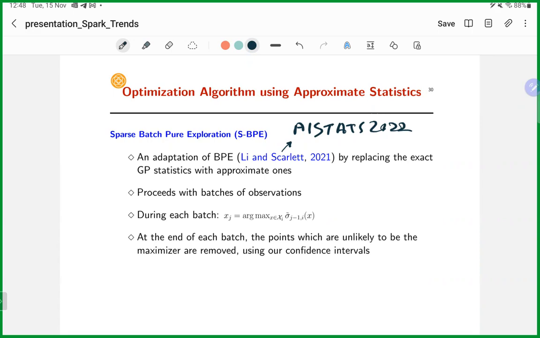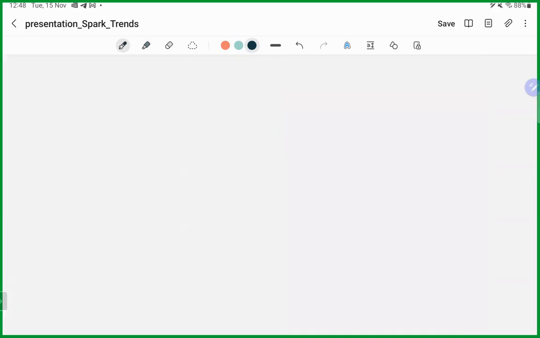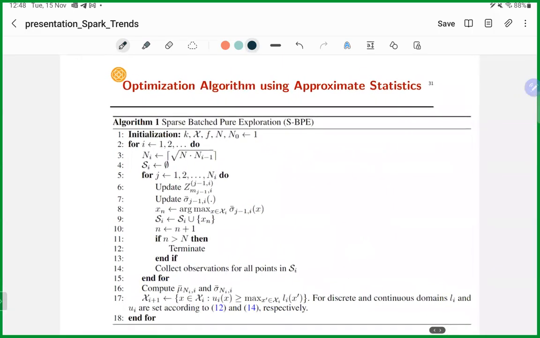So this algorithm proceeds in batches of observation. During each batch, the points are chosen with the highest uncertainty, and at the end of the batch, the points which are unlikely to be the maximizer are removed using the confidence intervals. So here is the importance of having these confidence intervals in the analysis of this algorithm. I'm not going to spend much time on how the algorithm works, but basically there are several rounds.